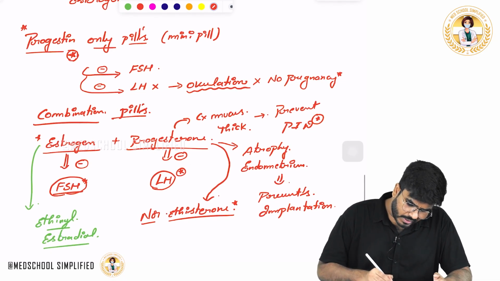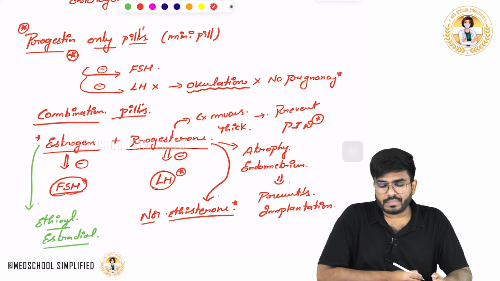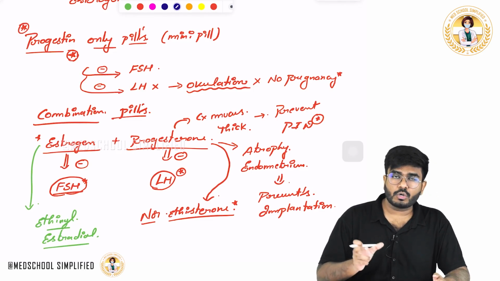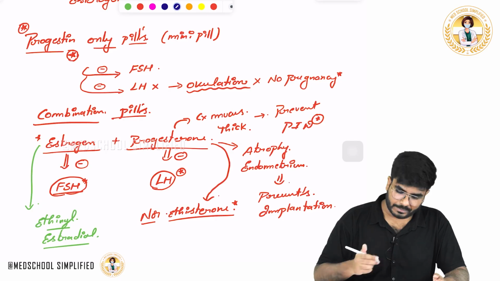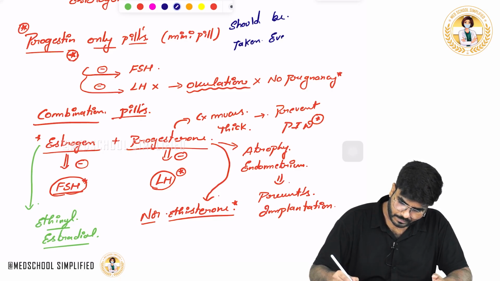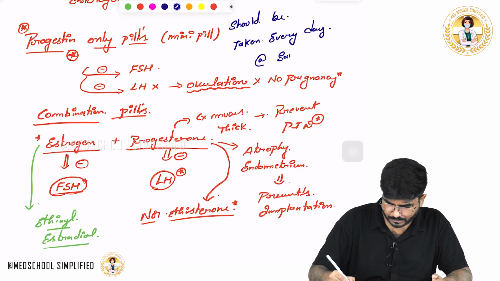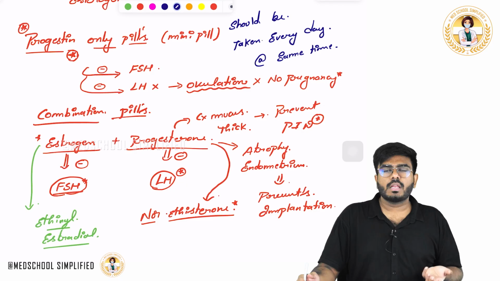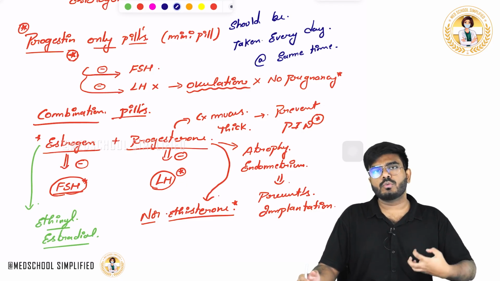See, there are some important disadvantages with the progesterone only pills. Every day she has to take it at the same time. If, for example, because of some reason she is outside and she forgot to take the progesterone pill, now the progesterone supplementation is not going to go to the endometrium.